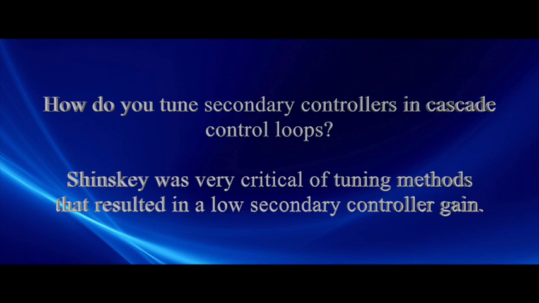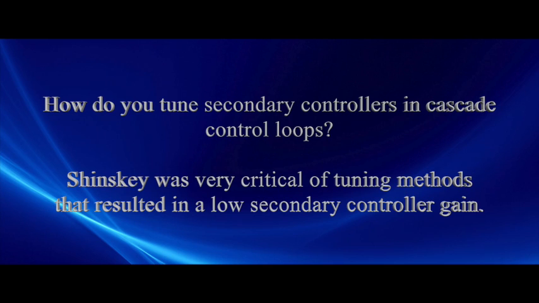And the other thing is, and rightly so, if you set lambda as a factor, say a time constant, you can get into a lot of trouble. And so my modifications to lambda tuning rules were largely in response to Shinsky.